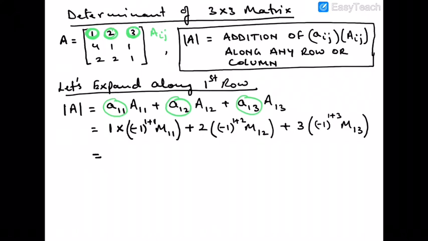Now, to find the value of a minor, let's first eliminate the first row and first column and write down the remaining 4 elements, and these are 1, 1, 2, 1.